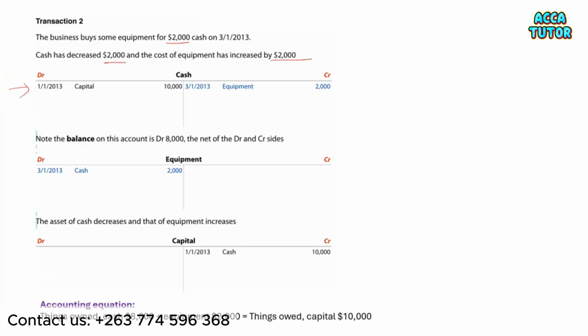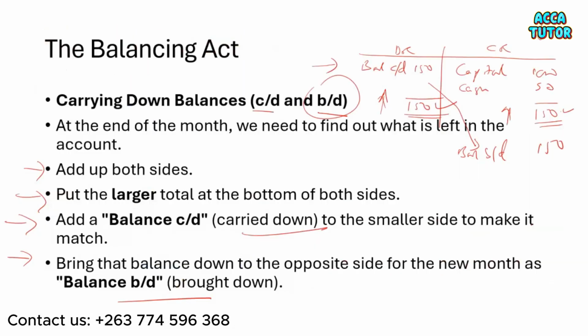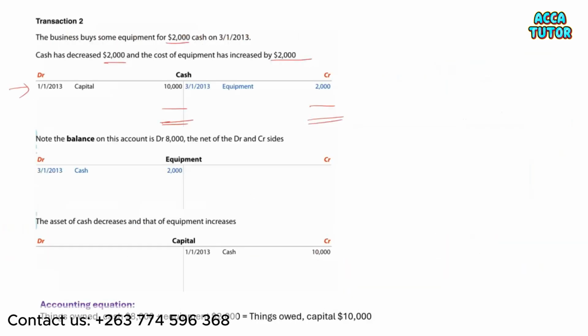All right. But if we have to close up this account, it simply means we have to do the balancing or the closing out. Remember the balancing act, the aspect of CDs and BDs.